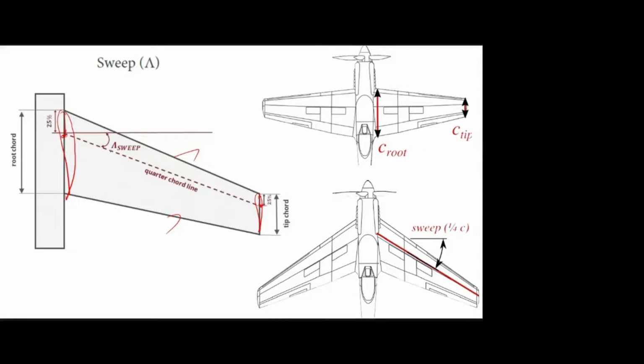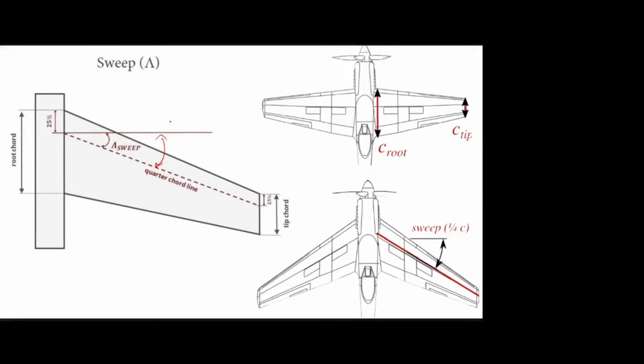Then those 2 points they join, and that line is called the quarter chord line. If you draw the line at 50%, that will be the half chord line, C/2. There is no special name like that. Here they have taken 25%, so they call it the quarter chord line. So sweep angle means it is measured between the lateral axis and the quarter chord line. Is that clear?